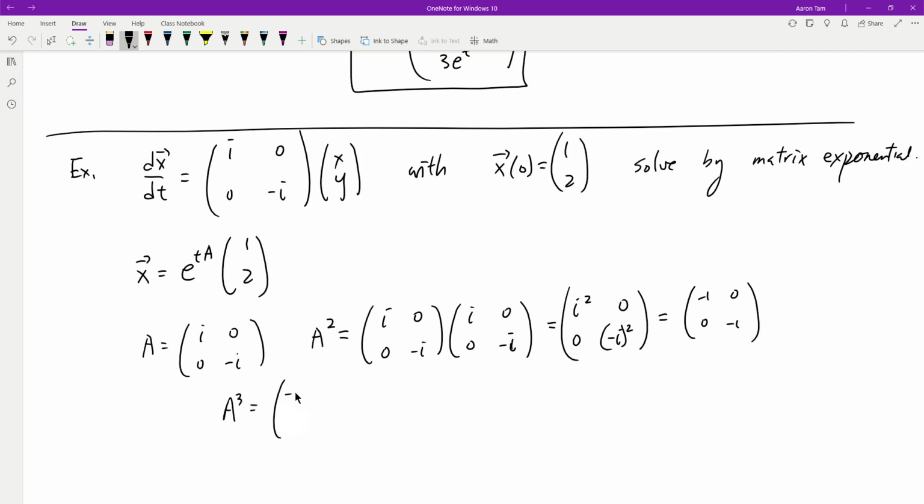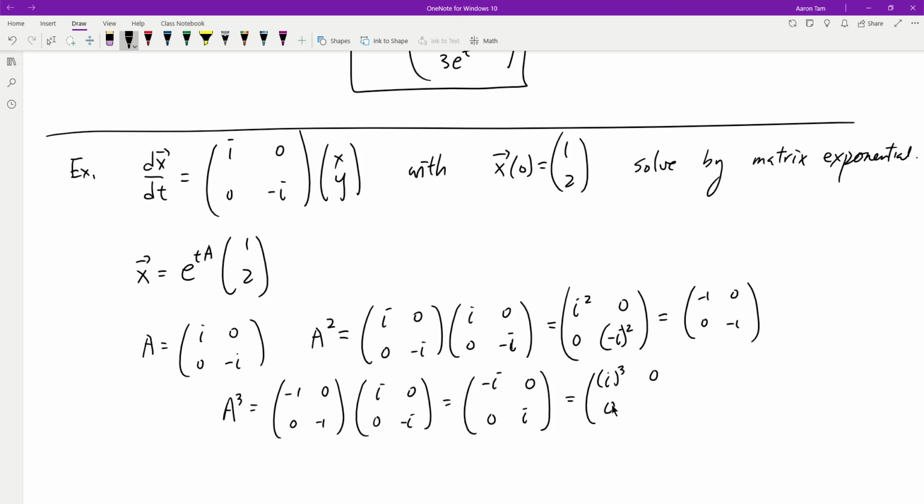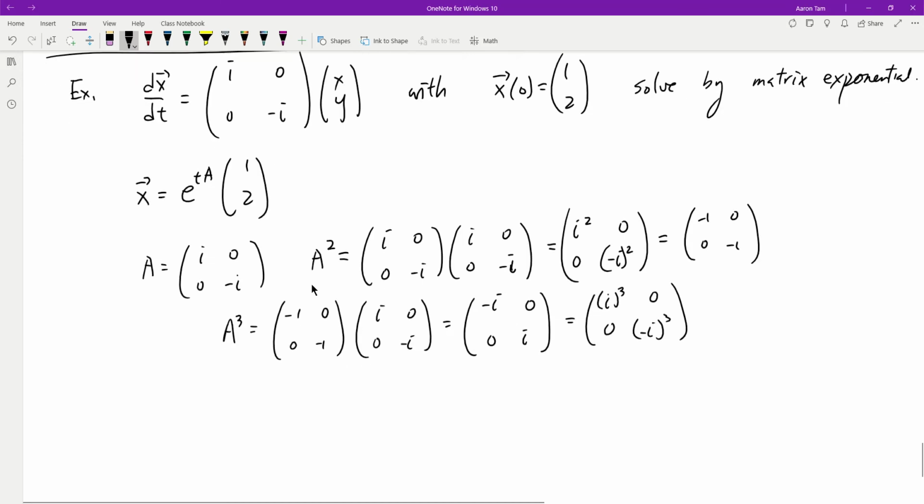Well, A cubed is [negative 1, 0, 0, negative 1] multiplied by [i, 0, 0, negative i]. That comes out to be [negative i, 0, 0, i], and that is technically i to the third, 0, 0, negative i to the third. And yes, it shouldn't be a surprise that this pattern continues.